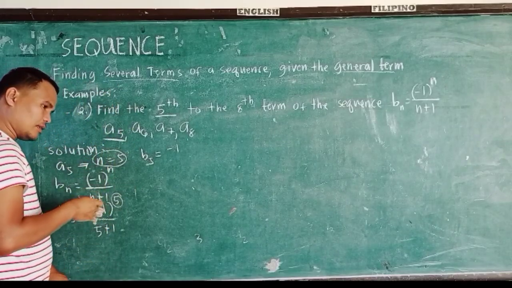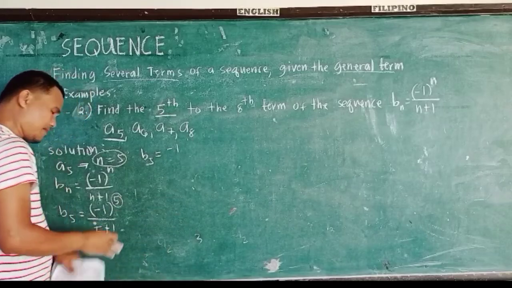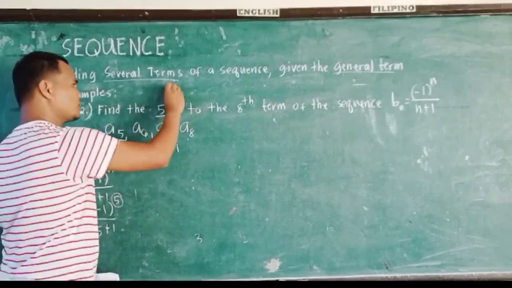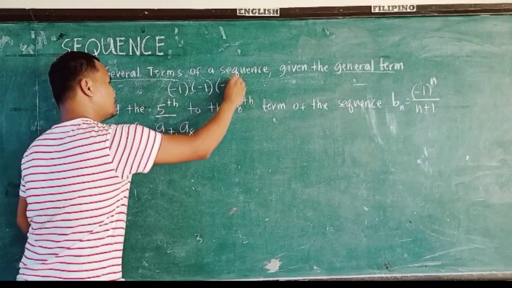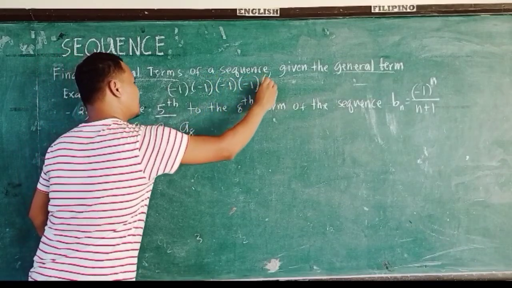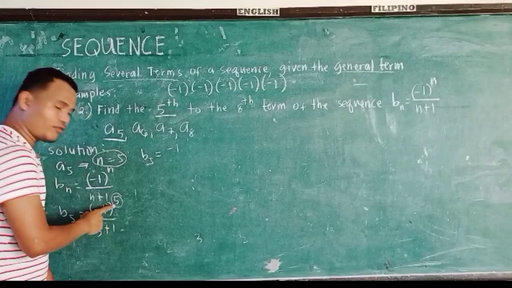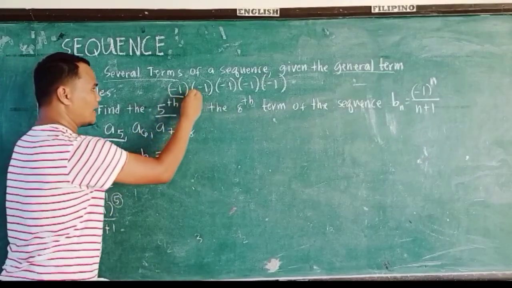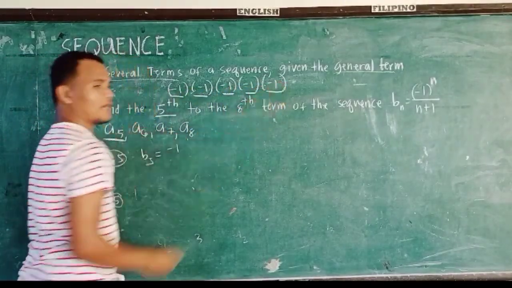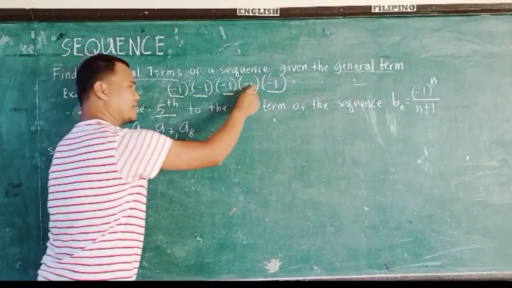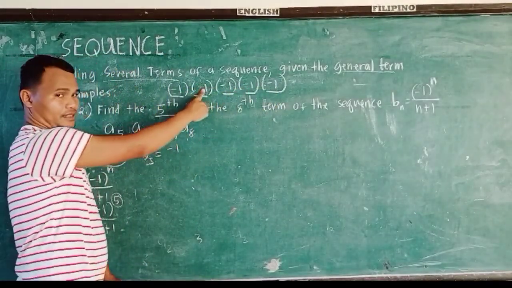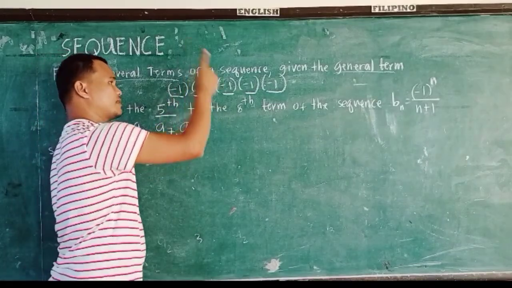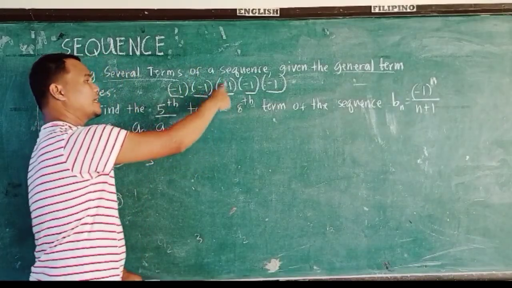Negative 1 is multiplied kalima. So negative 1 times negative 1 times negative 1 times negative 1 times negative 1. That is the rule of the exponent. 5 ka negative 1 ang atong i-multiply. So kung ato na siyang i-multiply ng 5 ka negative 1, negative 1 times negative 1, that is positive 1. Positive 1 times negative 1 is negative 1.